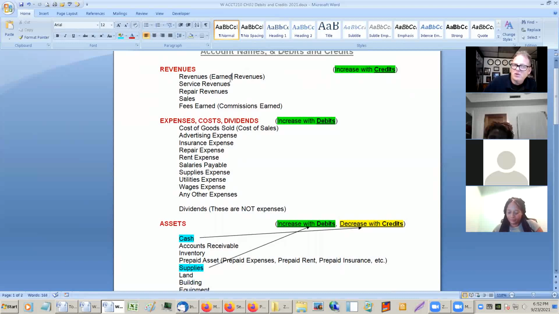So revenues are also always increasing. We really don't have to worry about the decrease side for revenues and expenses. Does it happen? Yeah, it could be an error, some wacky thing that happened. But 99.9% of the time, revenues are going to be increasing with credits, expenses with debits. So whenever you hear revenue, credit.